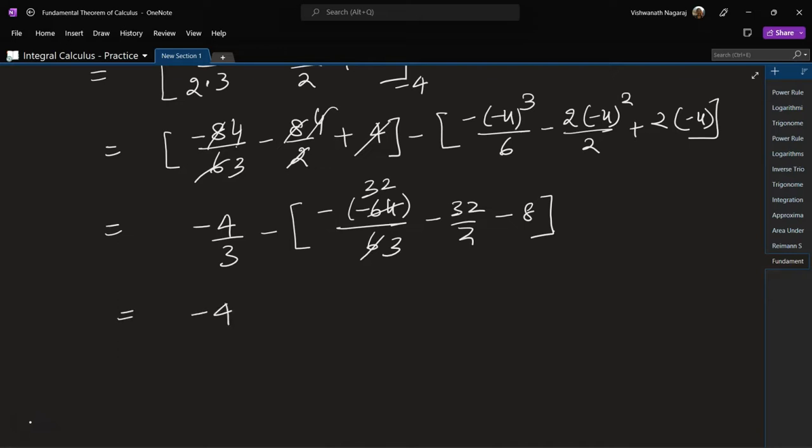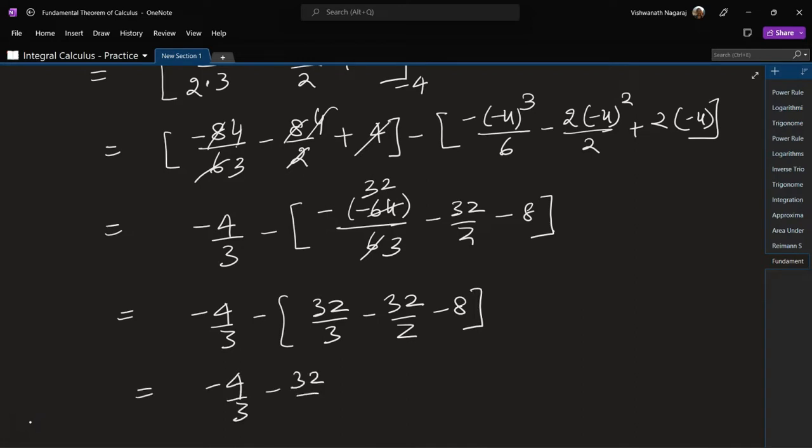So we have minus 4 by 3, minus, this becomes plus 32 by 3, minus 32 by 2 minus 8, which gives us minus 4 by 3 minus 32 by 3 plus 32 by 2 plus 8.